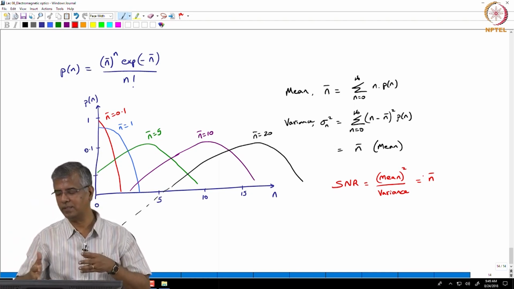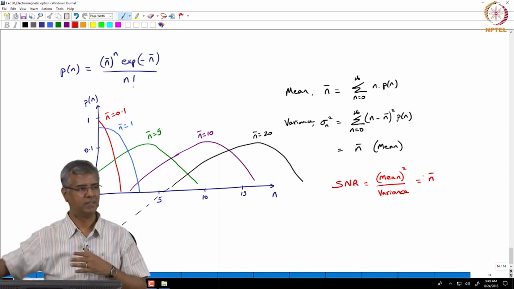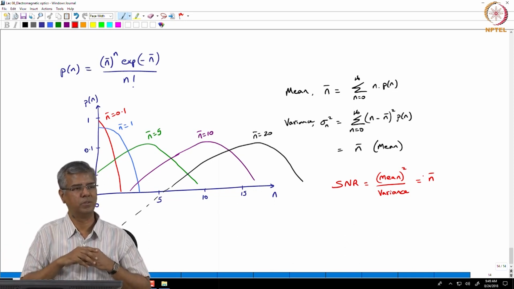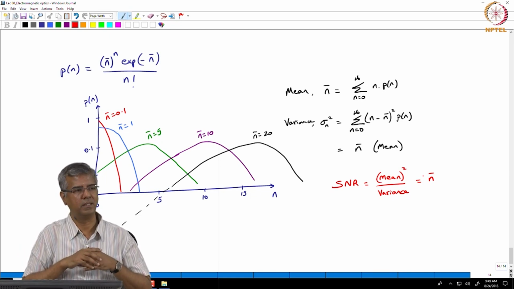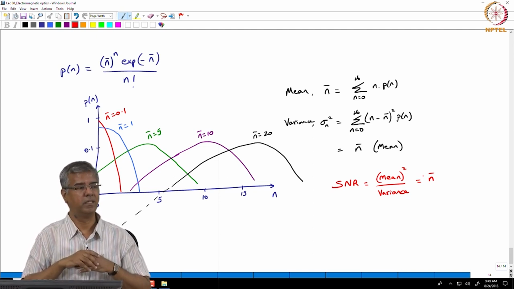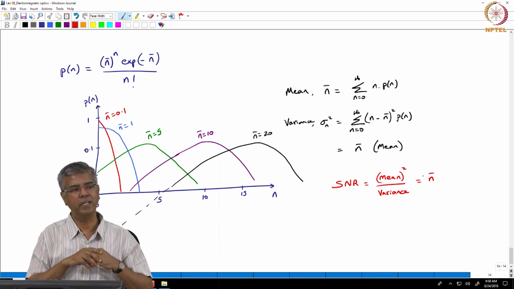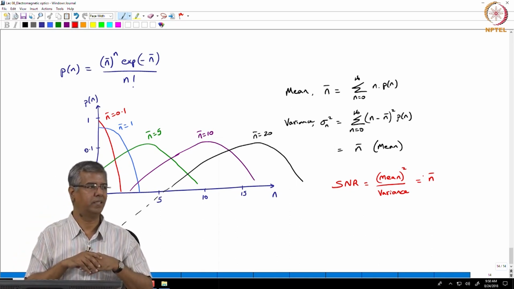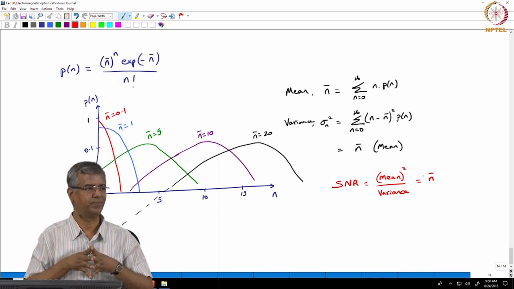So, you cannot extend this argument to a very large number of photons, because you will start hitting these nonlinear issues, and that's one of the major research areas in optical communication today. How do you prevent nonlinearity from happening in the optical communication system and still get very good signal to noise ratio. Okay.